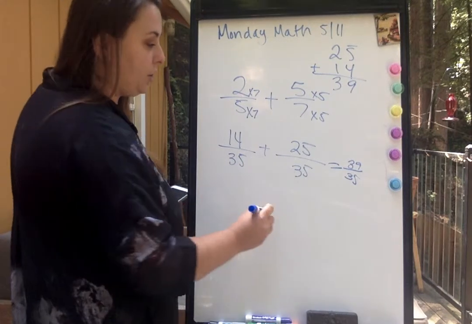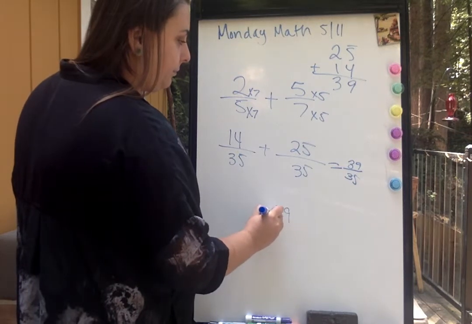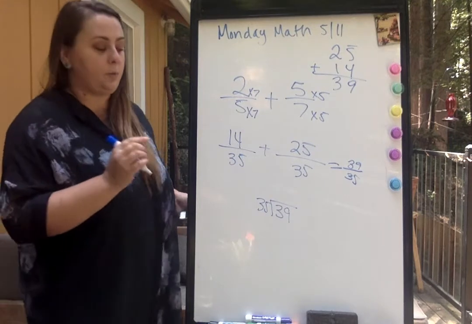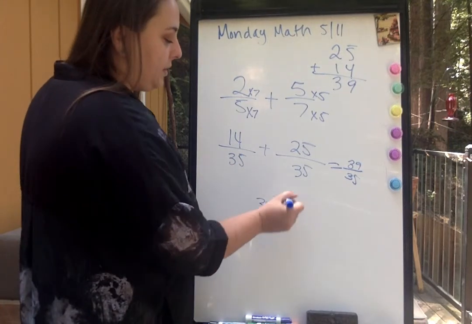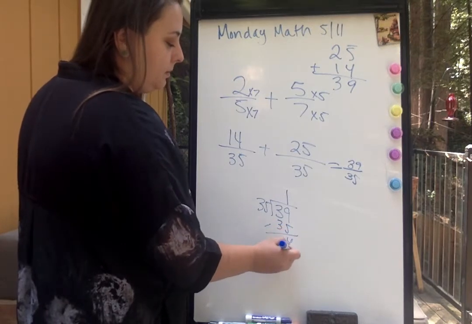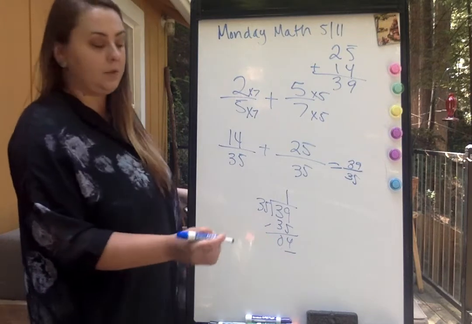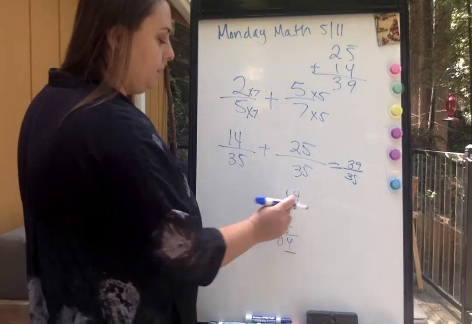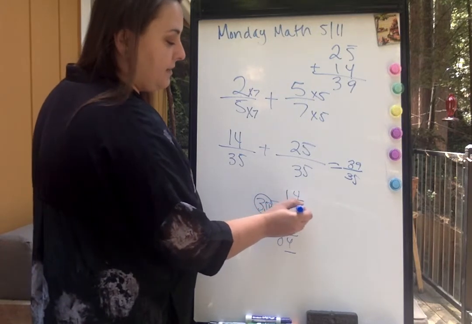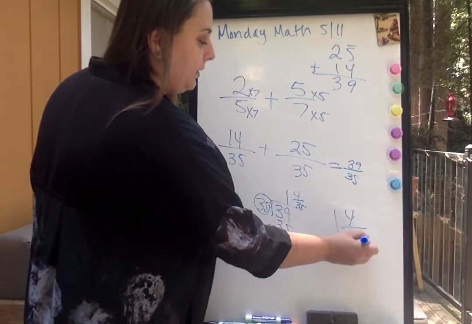So that tells you that you're going to be able to simplify by pulling out at least one large one. So 35 goes into 39 one time. Subtract. Okay, here's your big 1. Your remainder becomes your new numerator. Your denominator stays as your divisor. So your answer is 1 and 4/35.